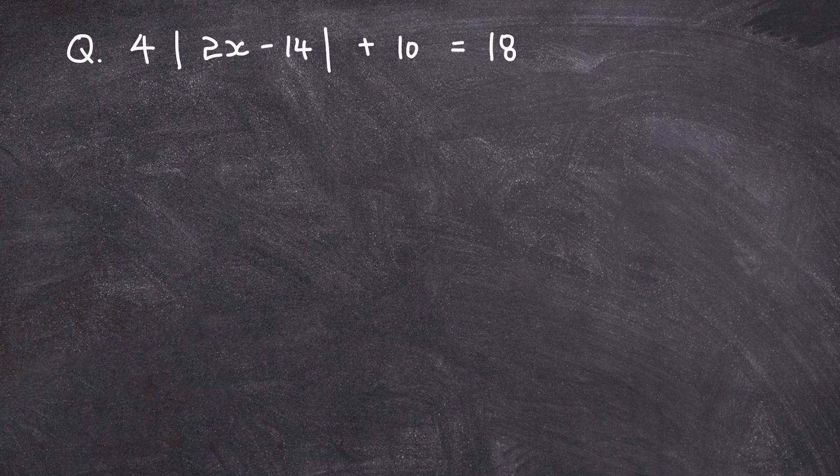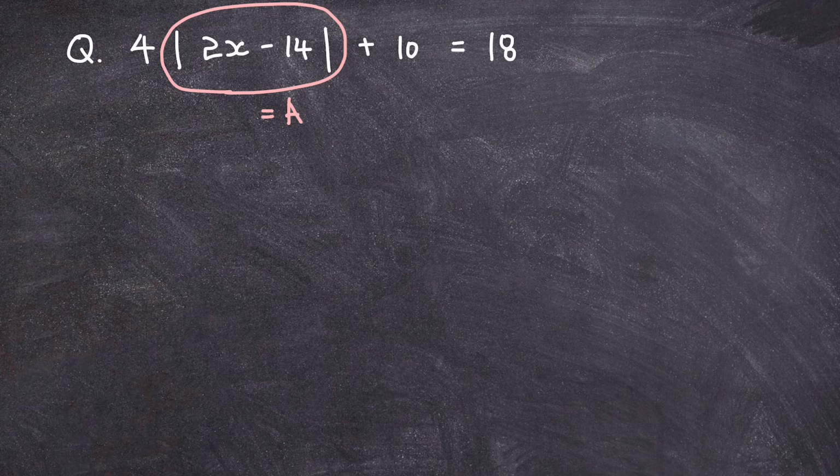18. Now, my first trick for solving absolute value equation is to consider the absolute value expression like a variable and isolate that first. So I'm going to treat this absolute value expression like a variable of a.